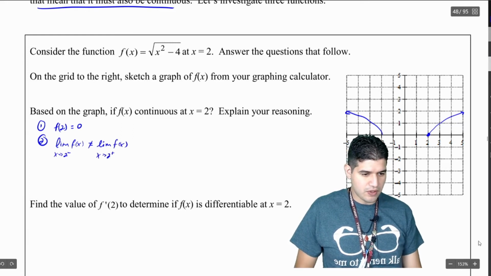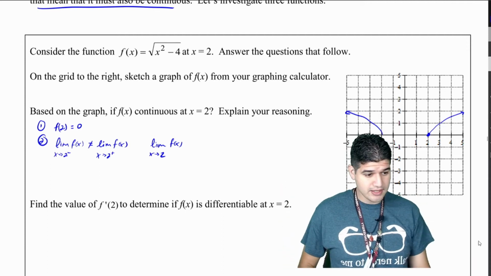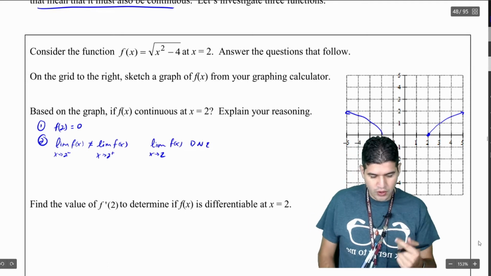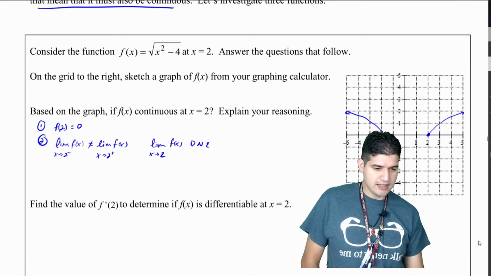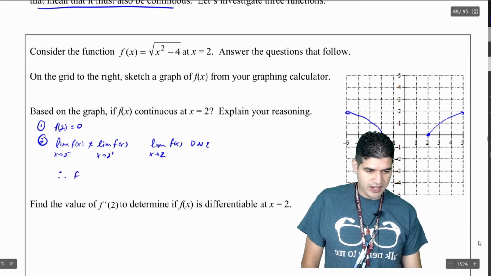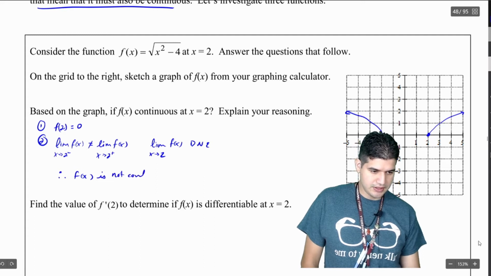Therefore, the limit of f of x as x approaches 2 from both directions does not exist. So what we want to say here, therefore, is f of x is not continuous at x equals 2.